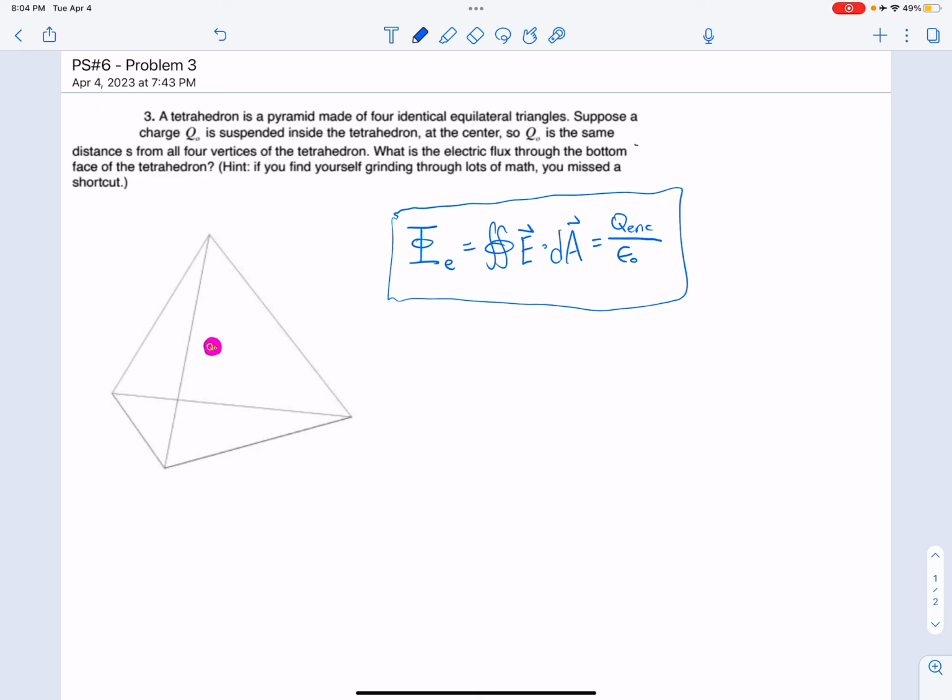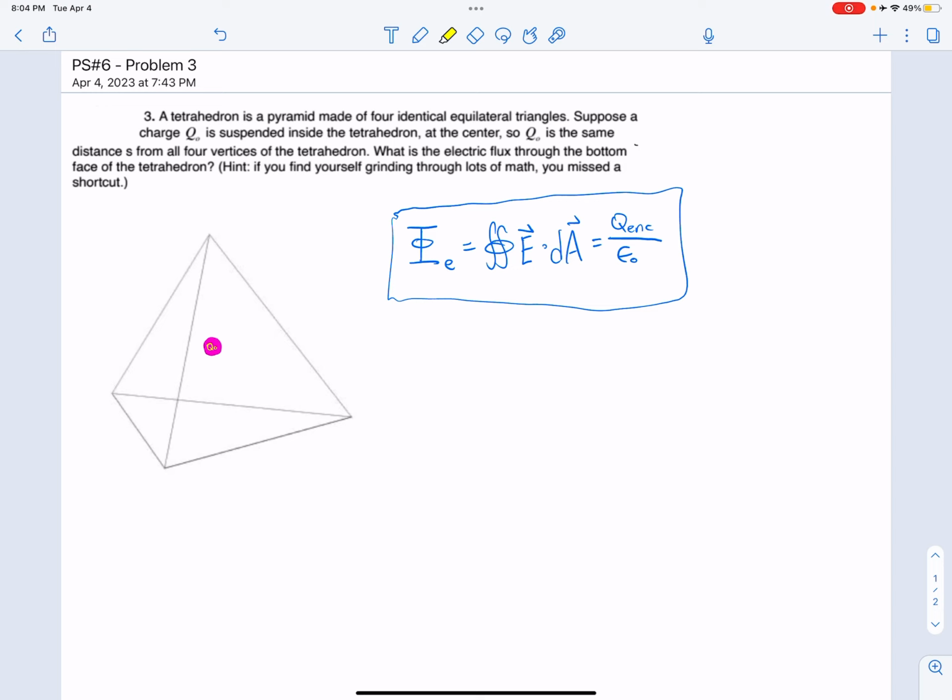This is the electric flux through any Gaussian surface, which is what we're looking for, and we're going to use this formula to find that. Q enclosed is the charge inside the Gaussian surface, which in this case is Q naught, right in the center. And epsilon naught is the permittivity of free space, which is just a constant.